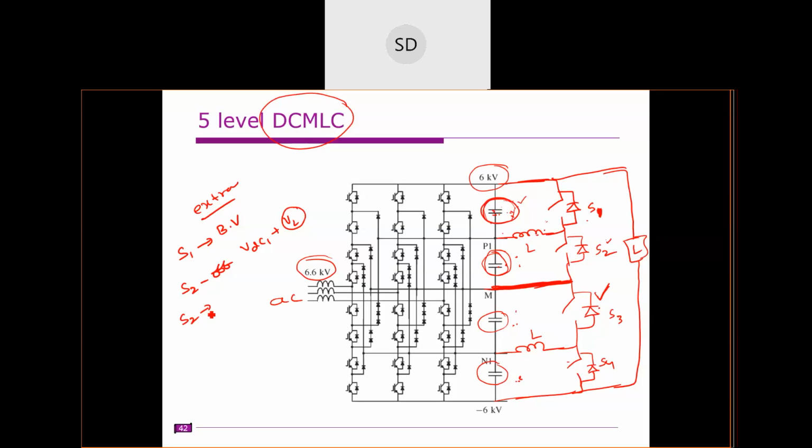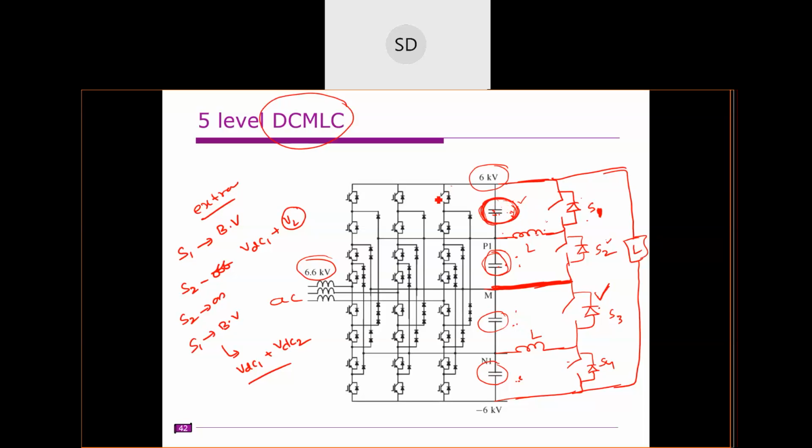When S2 is on, the blocking voltage of this switch is VDC1 plus VDC2. That means this switch S1 is normally diode clamped, and we already discussed the rating of the switches.